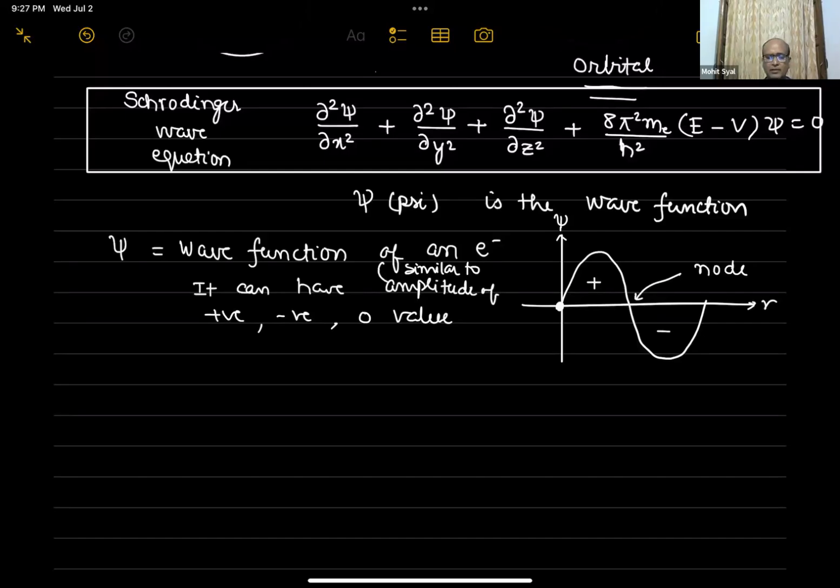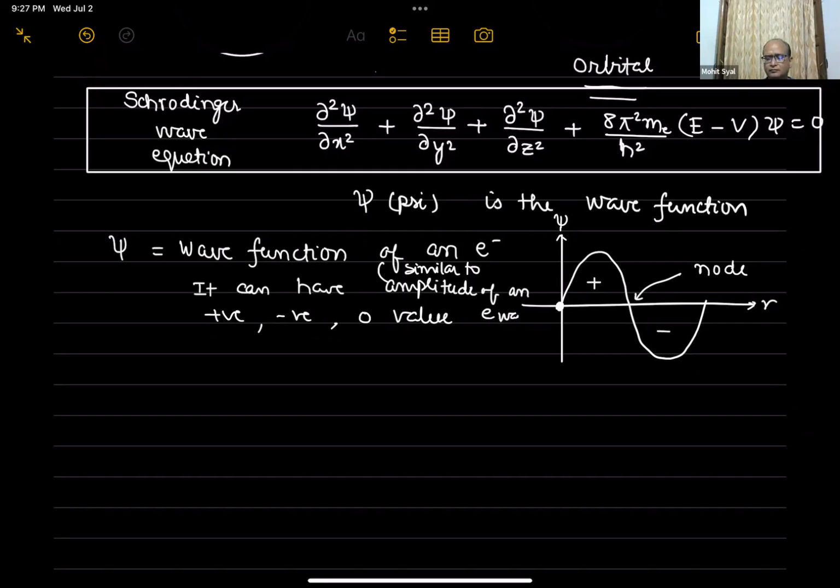Amplitude is how high the crest is or how deep the trough is. So if you have a higher wave, it has a larger value of the wave function, more value of psi, and a lower wave has a lesser value, or a negative value. So it is similar to the amplitude of an electron.